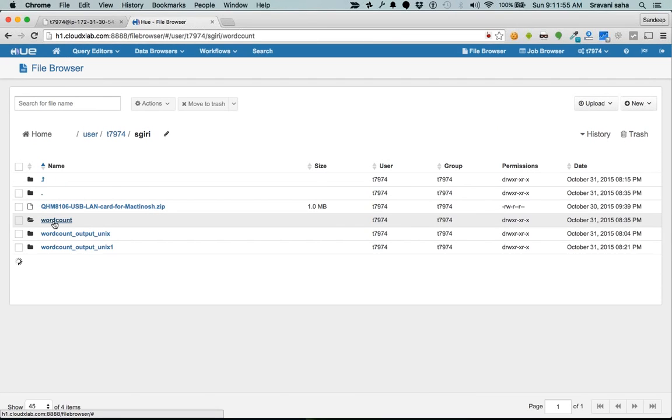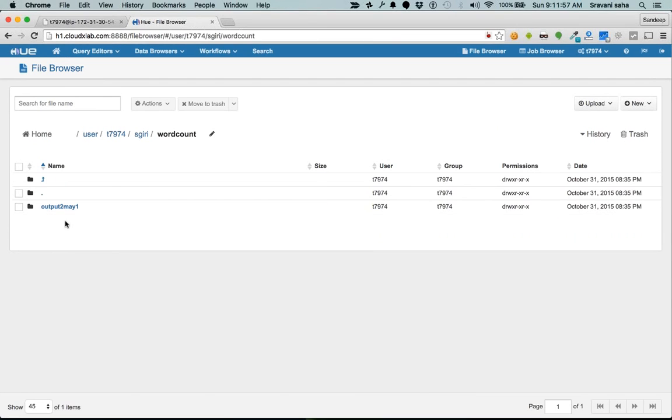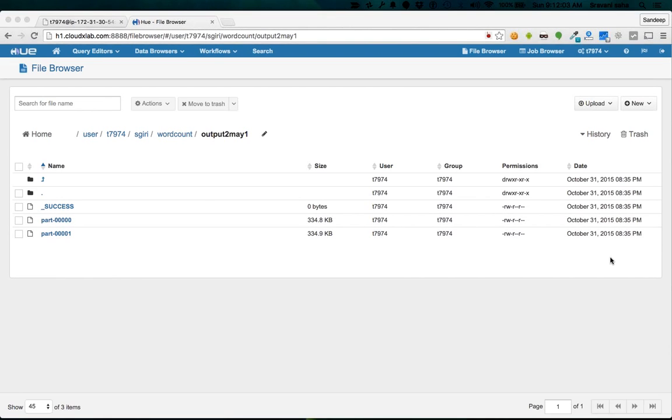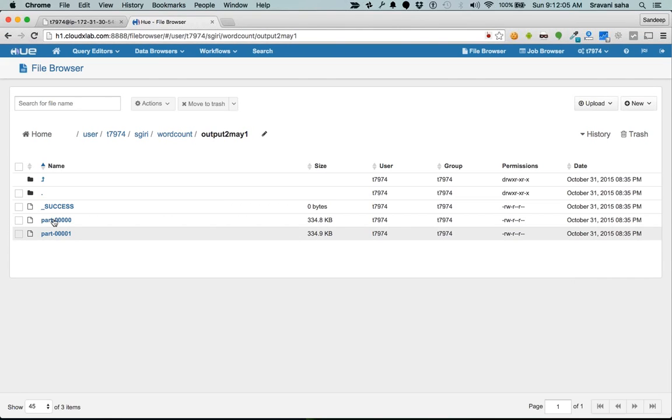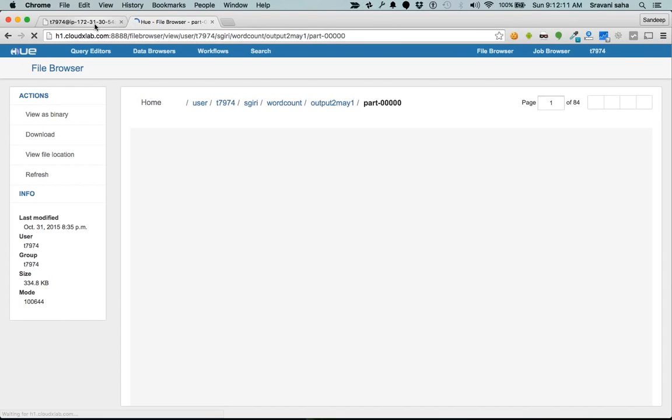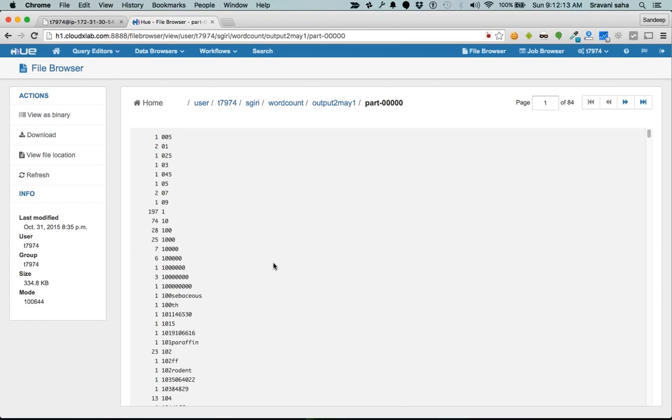You can see there are two parts now. Somebody was asking whether there will be two files in the output? Yes. Sounds good to you?